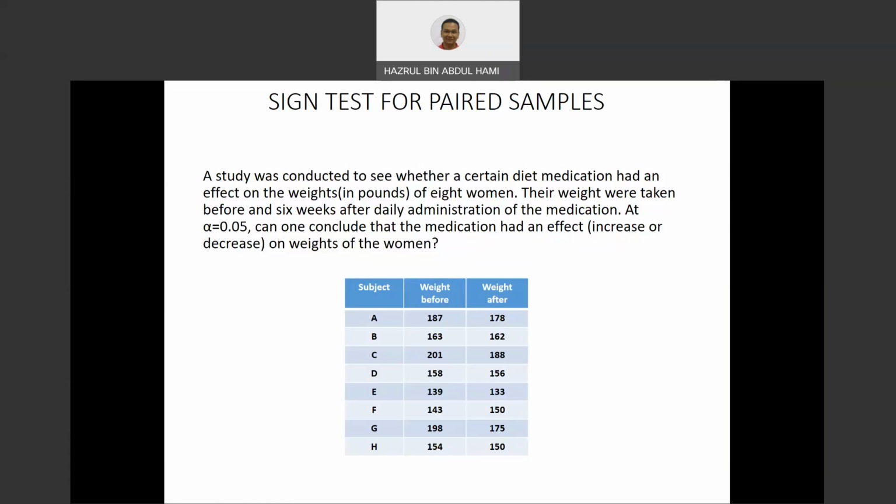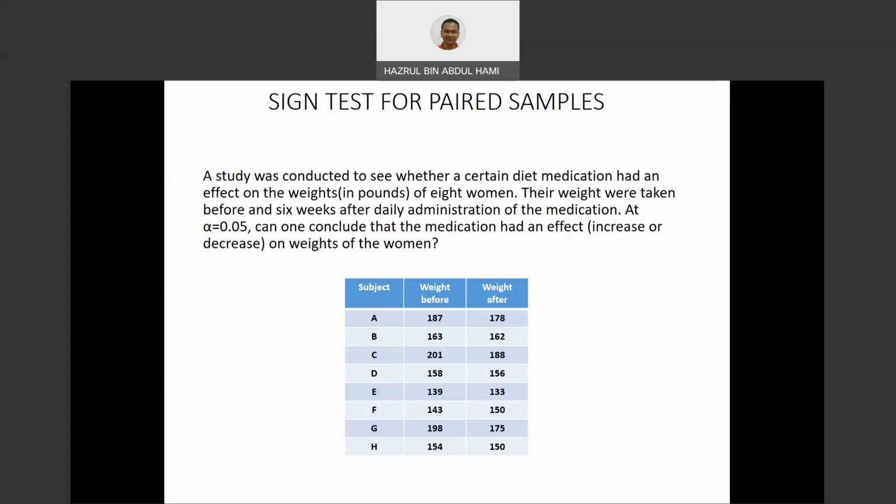A study was conducted to see whether a certain diet medication had an effect on the weight in pounds of 8 women. Their weights were taken before and 6 weeks after daily administration of the medication.